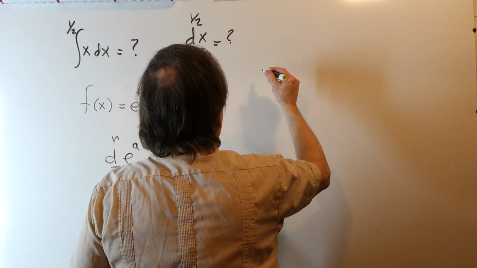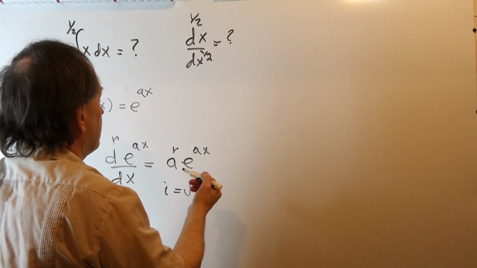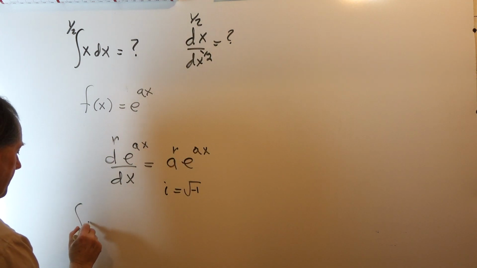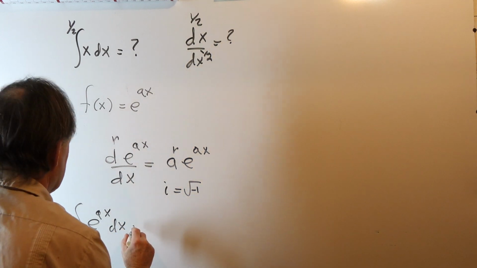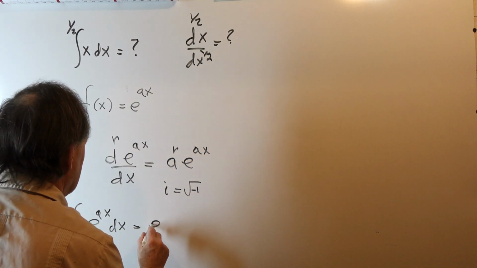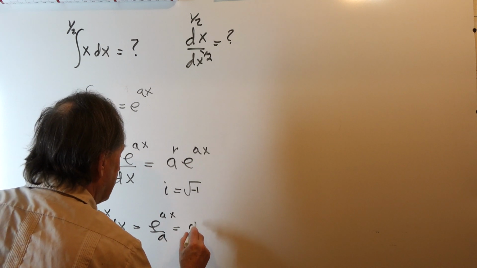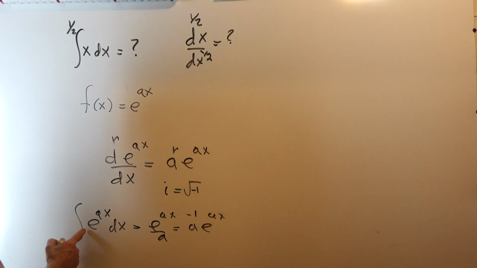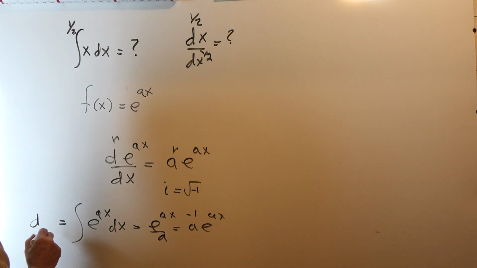You can do the same sort of thing with integration. Say the integral of e to the ax with respect to x just becomes e to the ax over a, or a to the -1 e to the ax. So you can define integration as differentiation of a negative order.